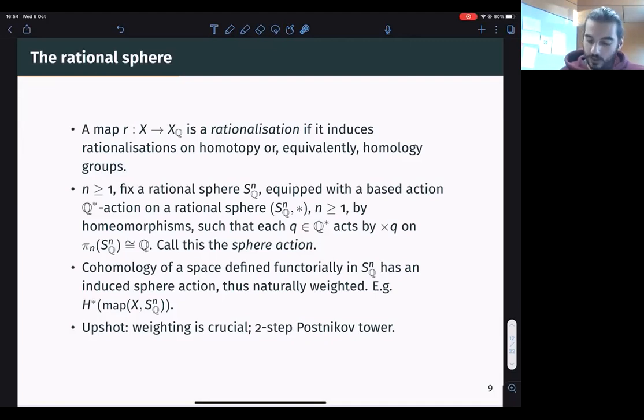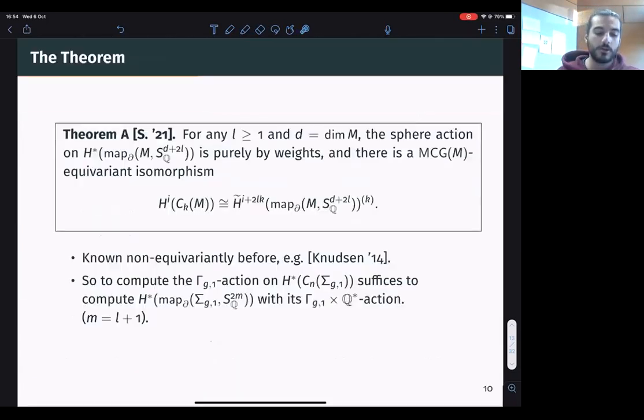Right. So with all this, now I can state the theorem that computes the cohomology of configuration spaces of manifolds. M must be oriented at least, but not necessarily closed. But it must be compact as well.